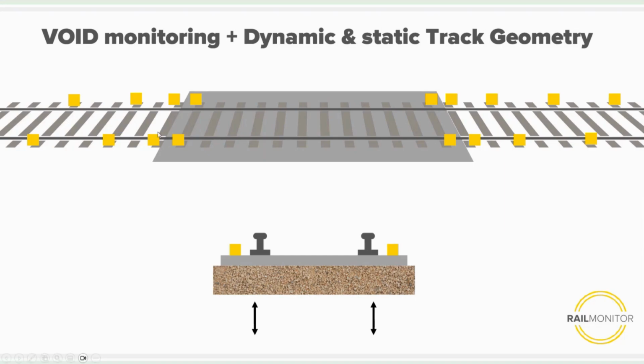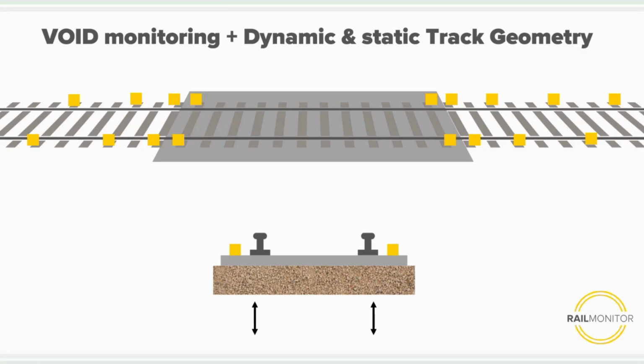If you imagine that we have a sensor in the middle, we will only be able to monitor the movement of the sleeper in the middle. Having a sensor on both sides, we will be able to monitor if both sides are moving exactly the same. And if they are not moving exactly the same, then over time there might be a risk of a dynamic cant and also a dynamic twist situation, which might cause a safety risk for the train. And this is a very important thing in this case.